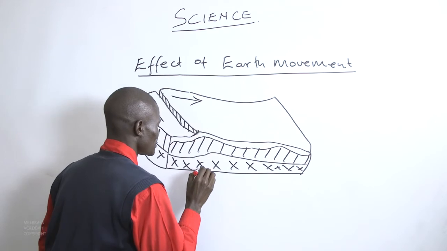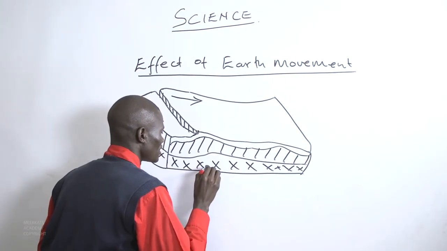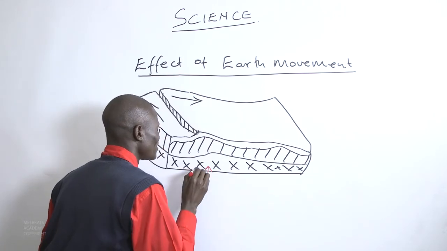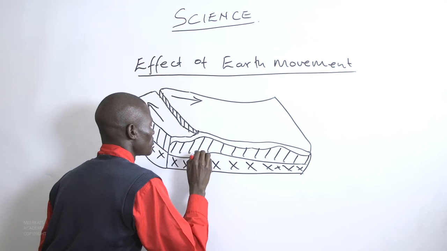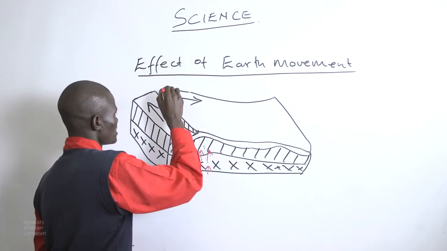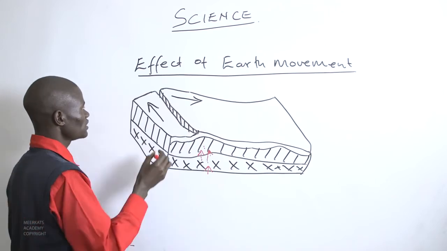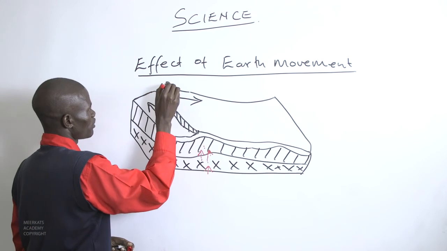You will find that because this oceanic plate is resting on the mantle, it may subject some pressure around this point. In the process, there is a crack, and this is where there is an extension boundary.